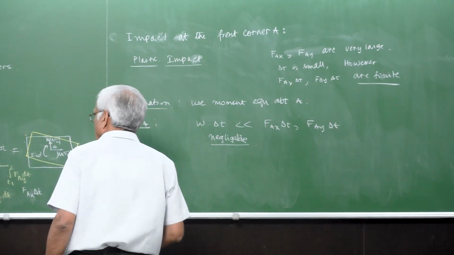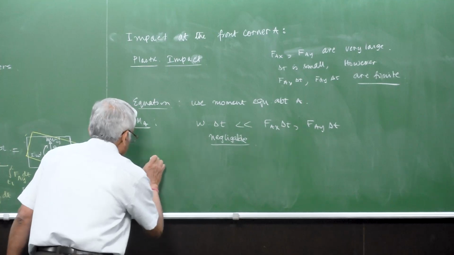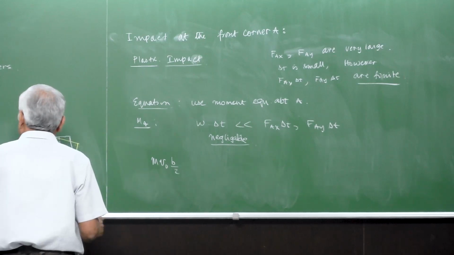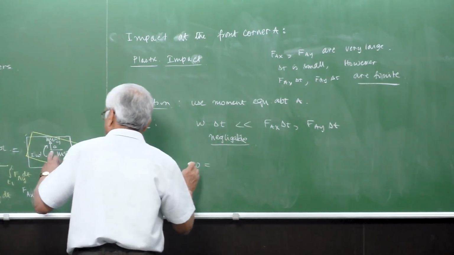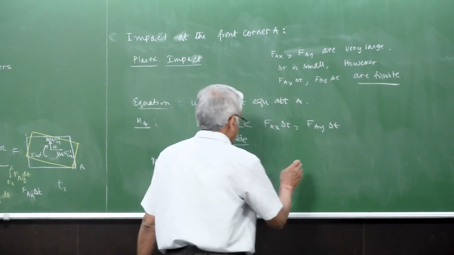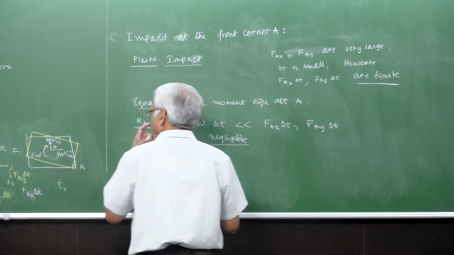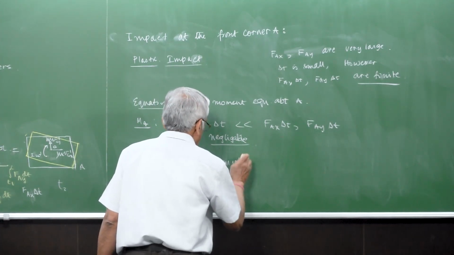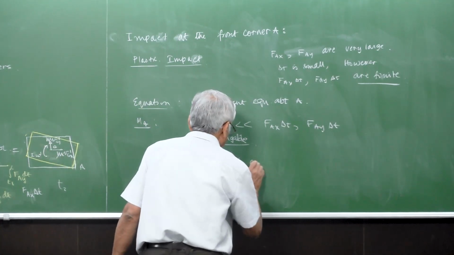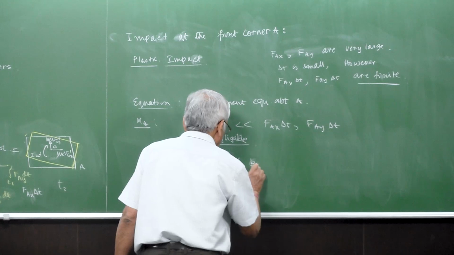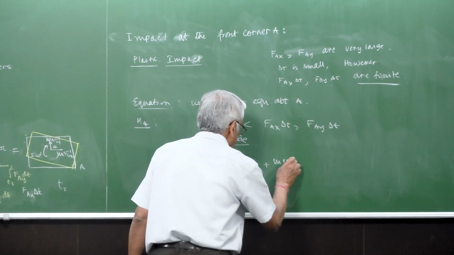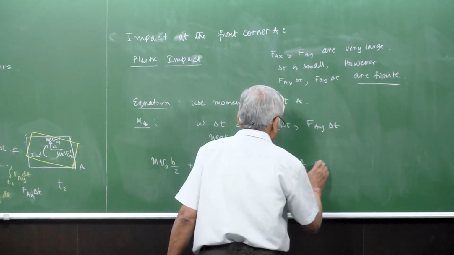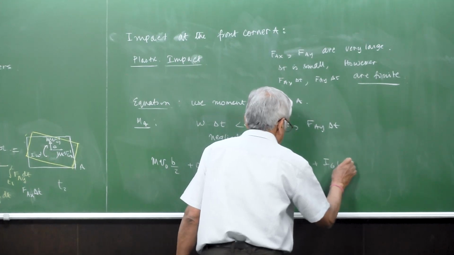So if that is the case, then taking the moments about A, we have m v naught b by 2, and this is all 0. And here we have an interesting thing: m vgx prime times b by 2, m vgy times a by 2, plus Ig times omega prime.